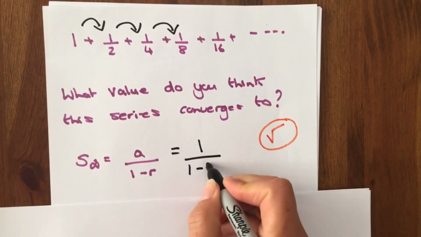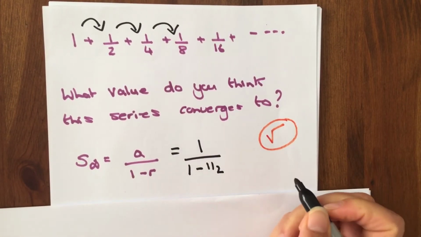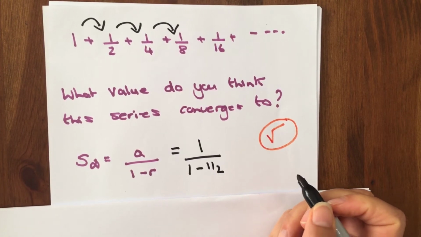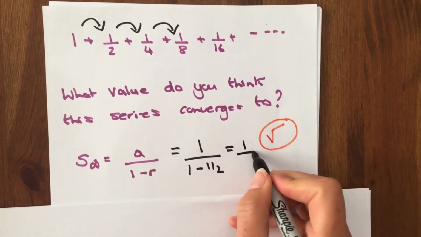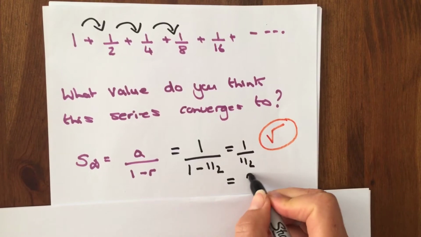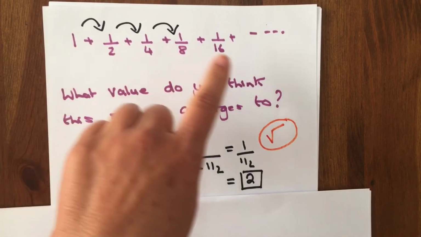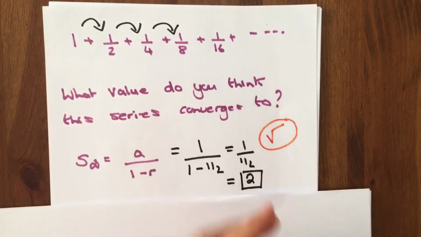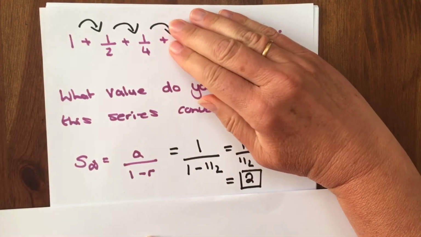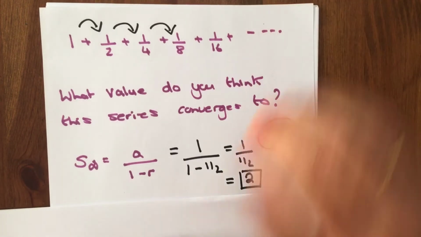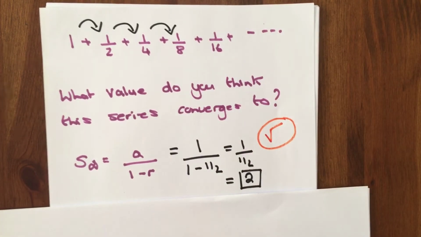So this is what I will get for my sum to infinity. I've got 1 on the top, half on the bottom, so it will converge to 2. And that makes sense, doesn't it? Because you've got 1 3/4 up to here. You keep on adding and adding, and it will eventually converge to a sum of 2.